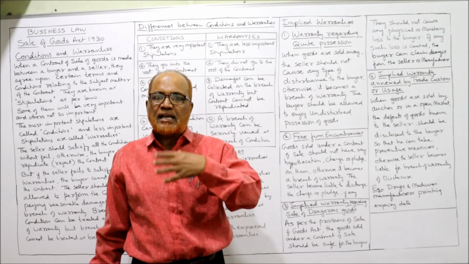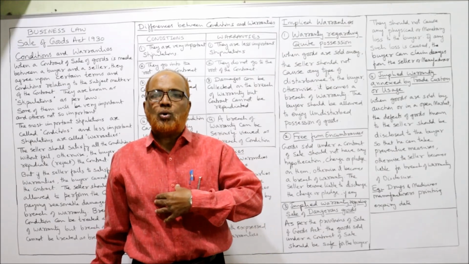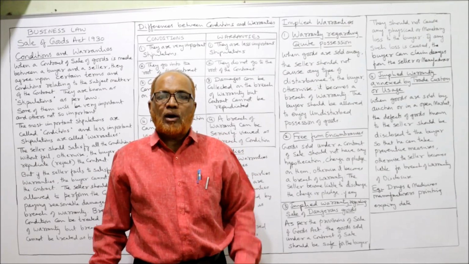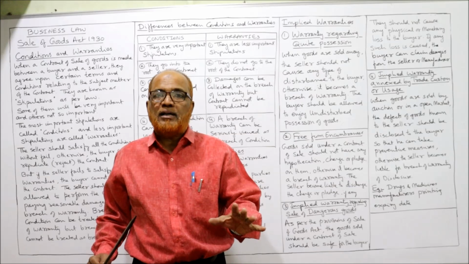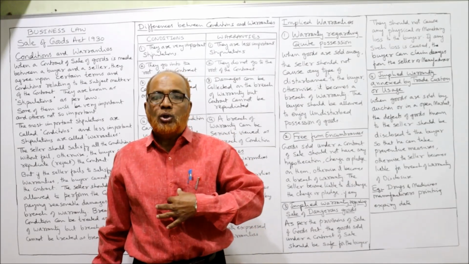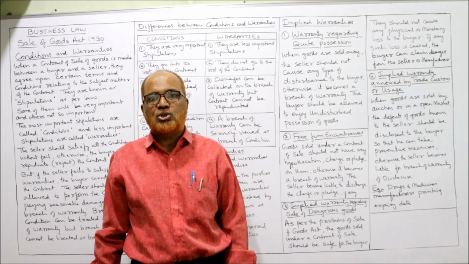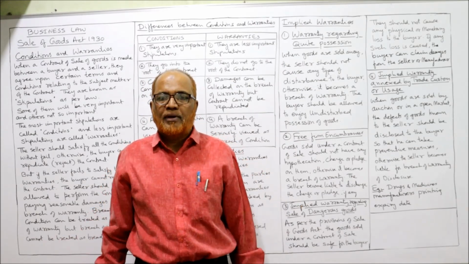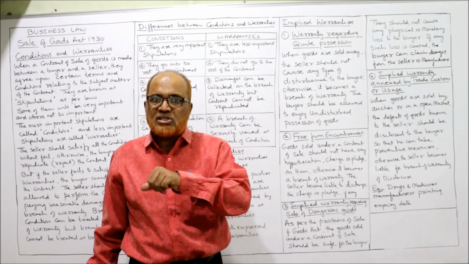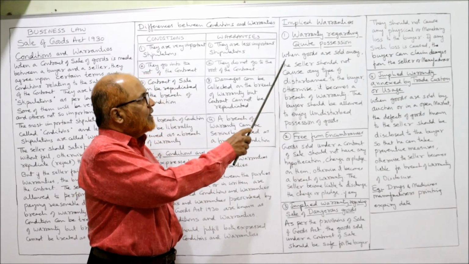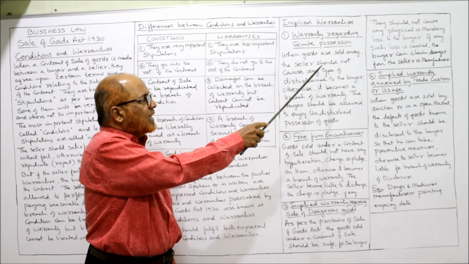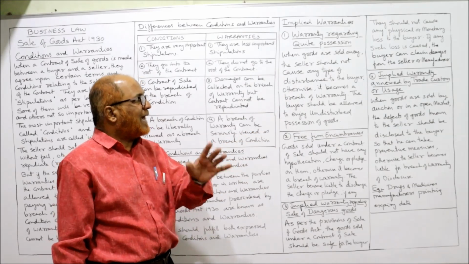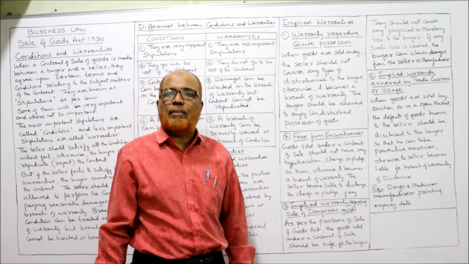Suppose I am the seller, you are the buyer, and I sold my car to you. Now you have full liberty to use the car. I should not interfere in the usage of the car. Once I sold the car to you, you should be free from disturbance by the seller. So when goods are sold away, the seller should not cause any type of disturbance to the buyer.